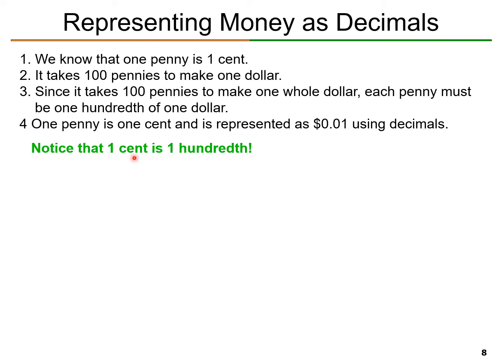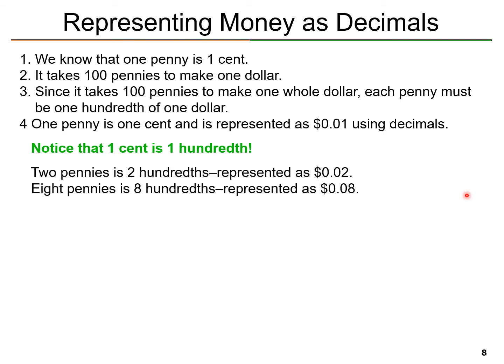Notice that 1 cent is 1/100th. That's what we have represented here, 1 cent, which is 1/100th. 2 pennies is 2/100ths, represented as $0.02. 8 pennies is 8/100ths, represented as $0.08.